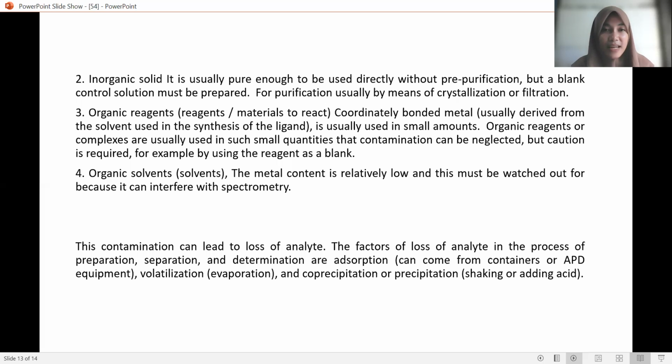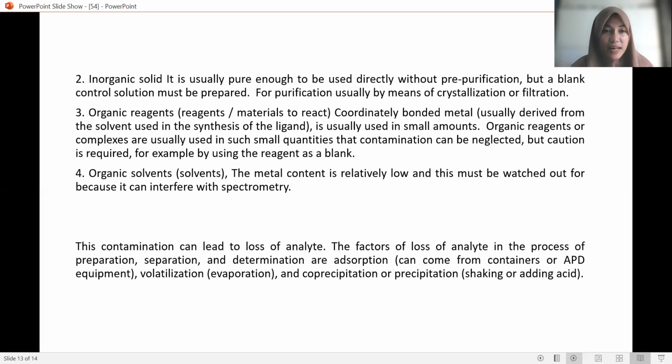Reagents are materials to react coordinately with metals, actually derived from the solvent in the synthesis of the ligand. They are actually used in small amounts. Organic reagents or complexes are in such small quantities that contamination can be neglected, but caution is required, for example, by using a reagent blank.